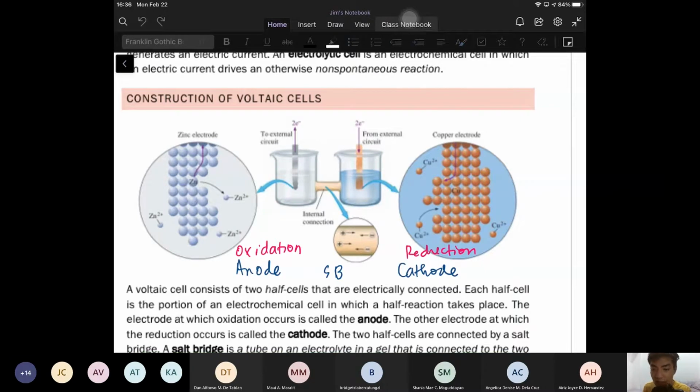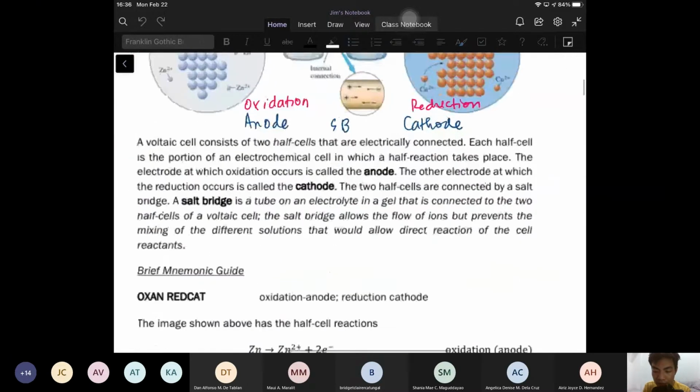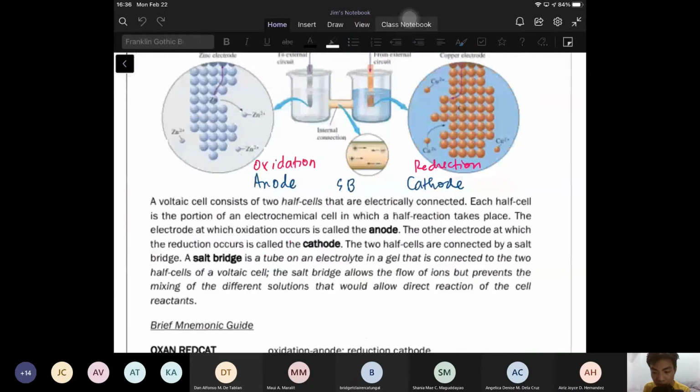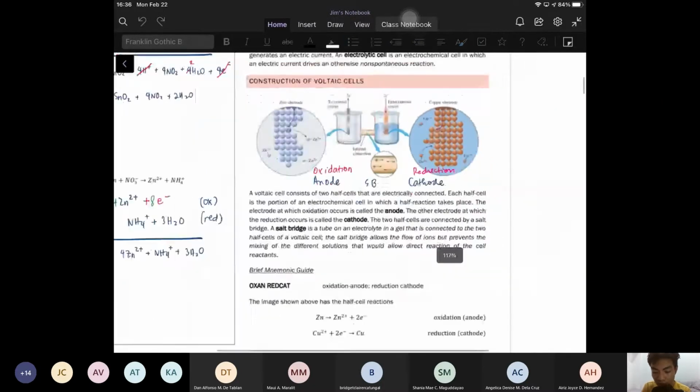Oxidation and reduction happen at the same time, as the electrons of the anode are transferred to the cathode when the circuit is completed. When you connect the two electrodes, that's when the electrons start to flow, hence you will have electricity. So again, on the anode you have oxidation, and on the cathode you have the reduction reaction.